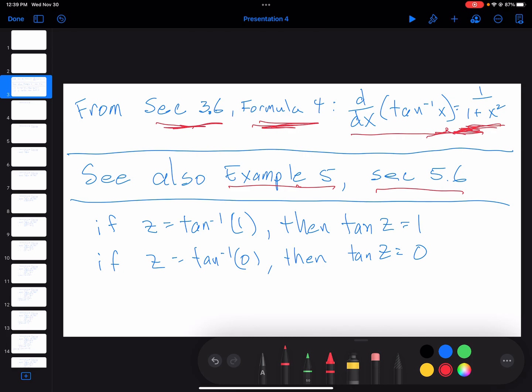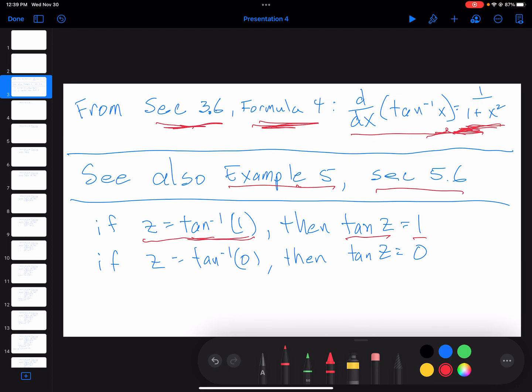And thirdly, we're going to be asked to evaluate the inverse tangent of 1. When I look at this, it just doesn't click, and I have to think, okay, let's say z is equal to the inverse tangent of 1, then that means the tangent of z must be 1. When is that the case?